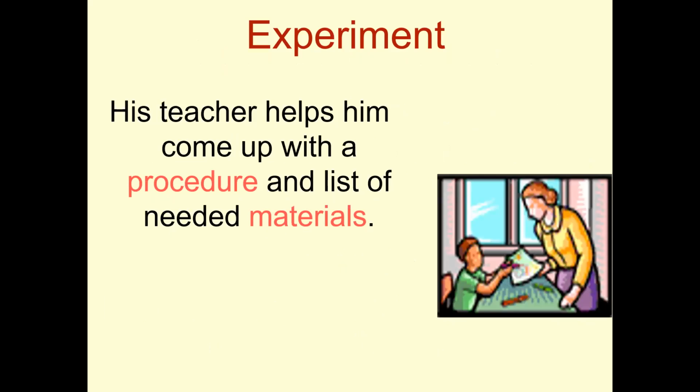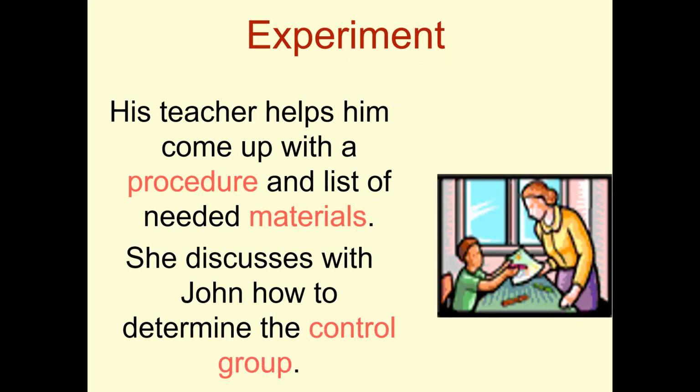Next thing is now he needs to figure out a procedure and a list of materials. And also something very important, though not always necessary in every experiment, in every research. I know because I've done this, but in your case, it is important to have a control group if you are in a lab setting or whatever.